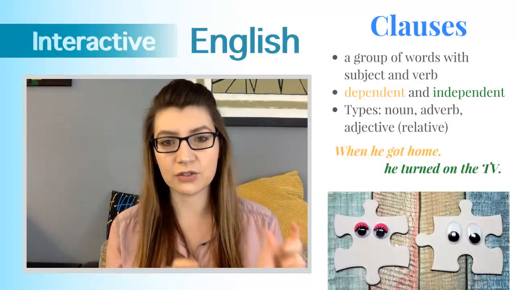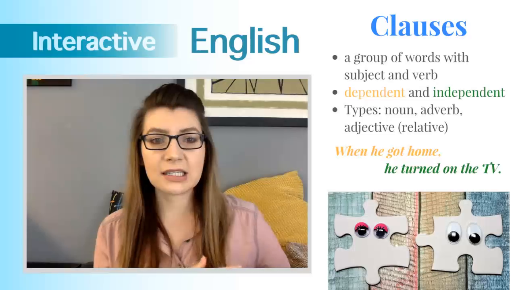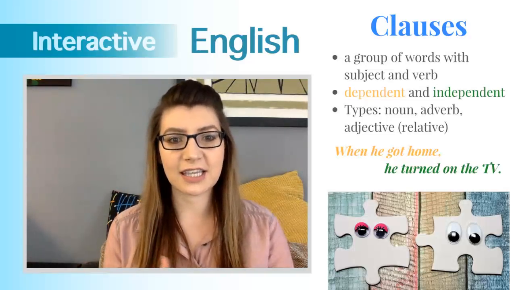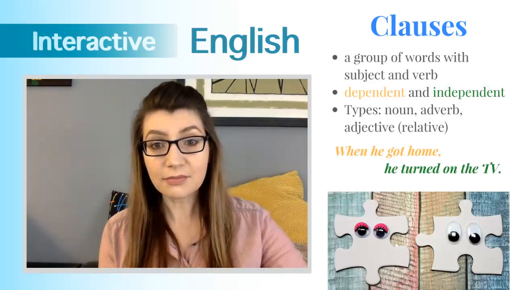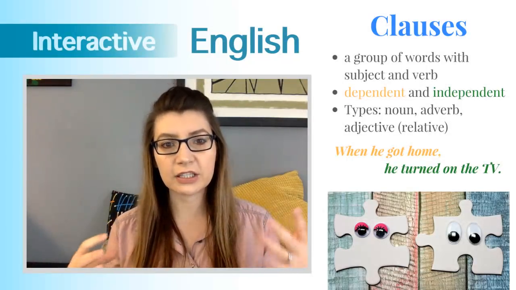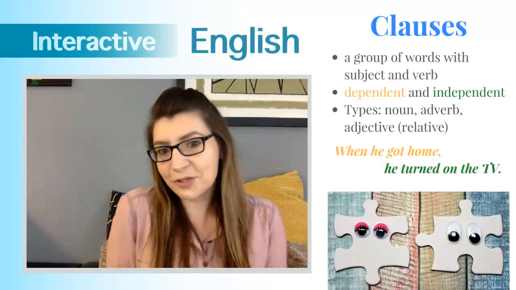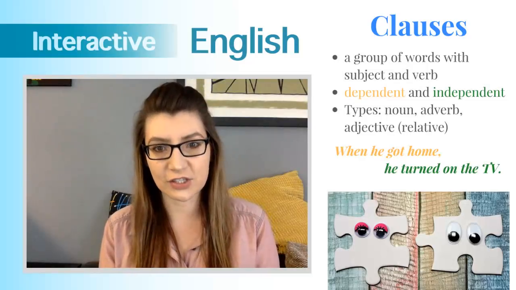They have to have the two together. In English, we have dependent clauses and independent clauses, and this is important to know. I'll start with the independent clause. In a sentence, an independent clause is a clause like the word independent. It's free. It can stand on its own. It makes sense on its own.